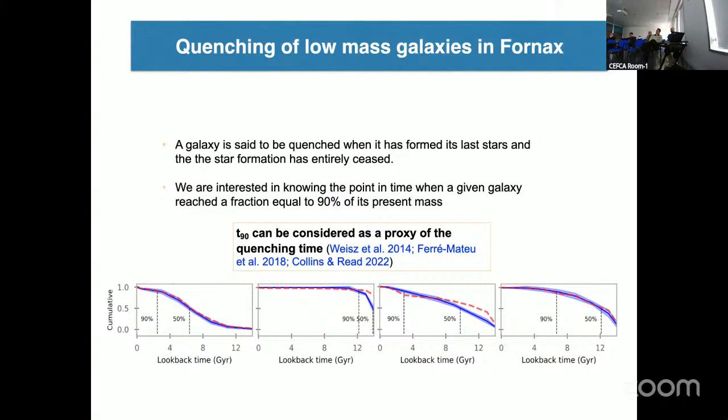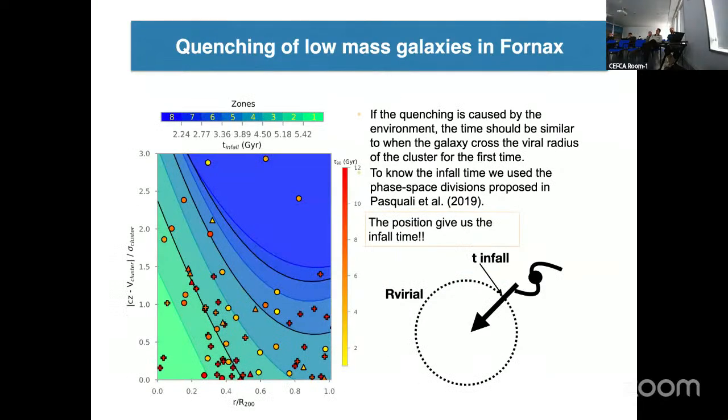Some galaxies were quenched at very high redshift, and some other galaxies were quenched more recently in time. Okay, so we can ask ourselves one question: were the galaxies in the Fornax cluster quenched by the cluster, or were they quenched by preprocessing before falling into the cluster?